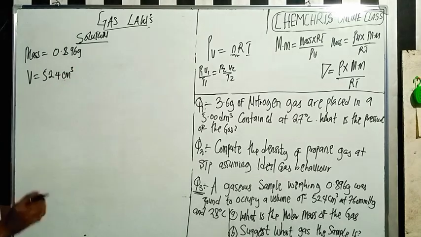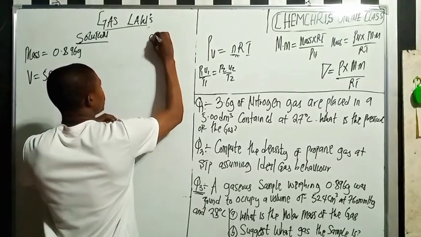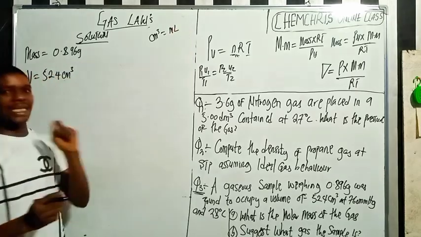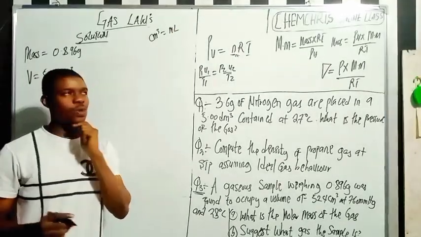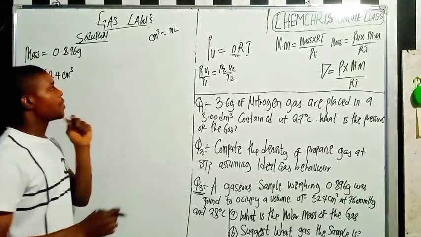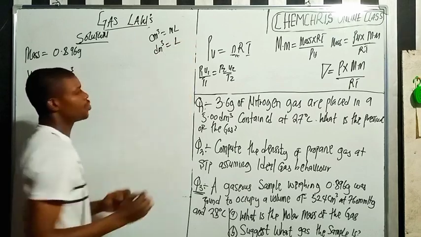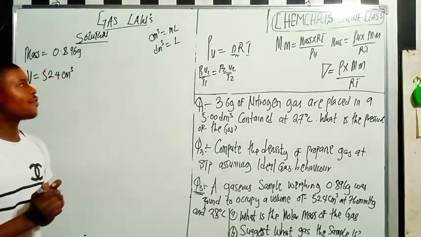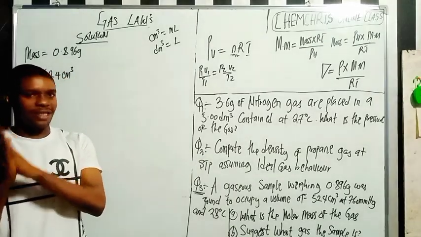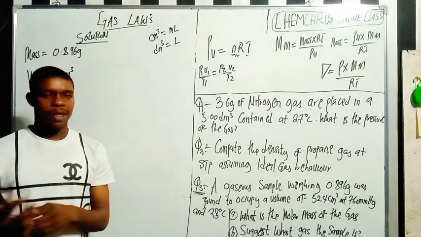Now this is where I want to explain something. Cm cube is always known as mil. Whenever I see cm cube, you have to think of mil. Dm cube is known as liter. So how do you convert from cm cube to dm cube, or from milliliter to liter?